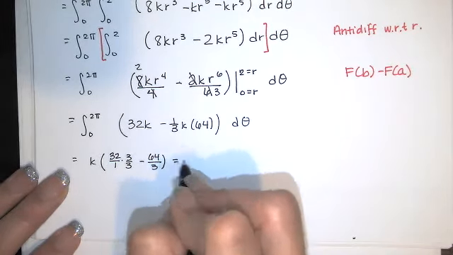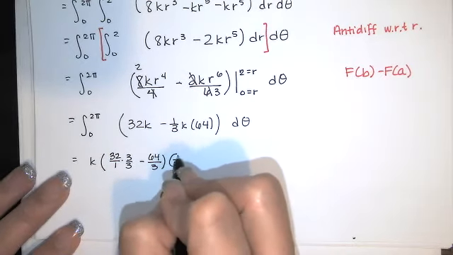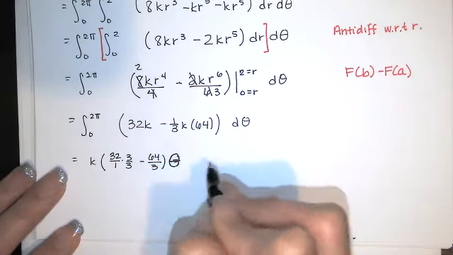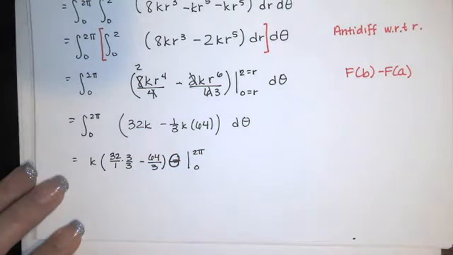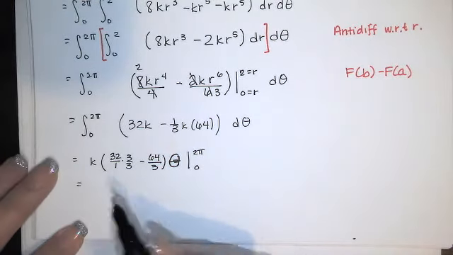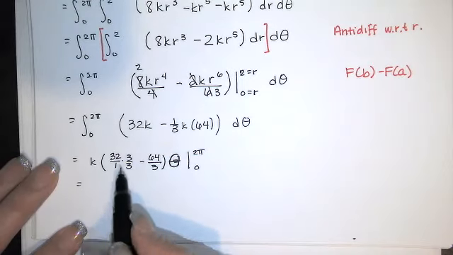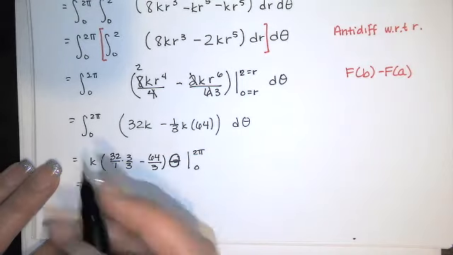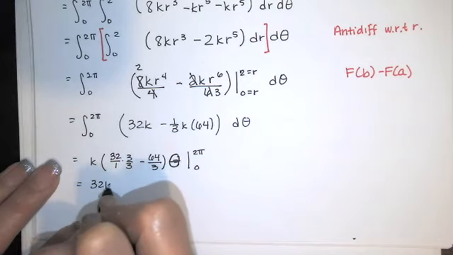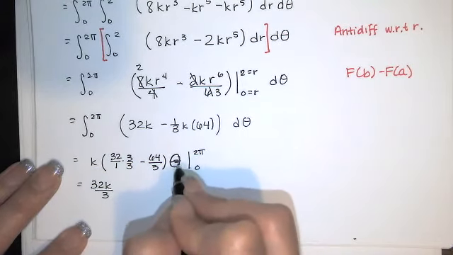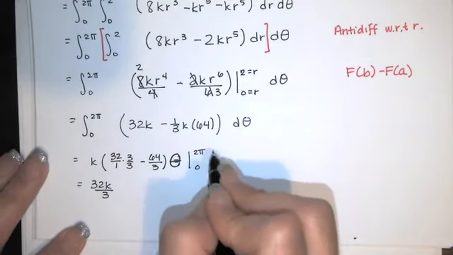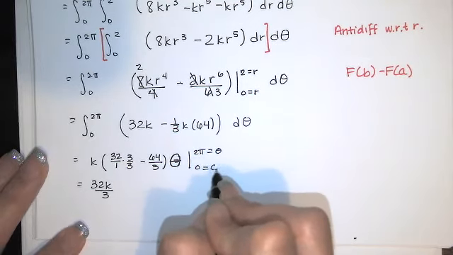And the antiderivative of that with respect to theta is theta. Still doing my arithmetic. I end up with 32 over 3 times k. And then we multiply by theta, where theta is evaluated from 0 to 2 pi.